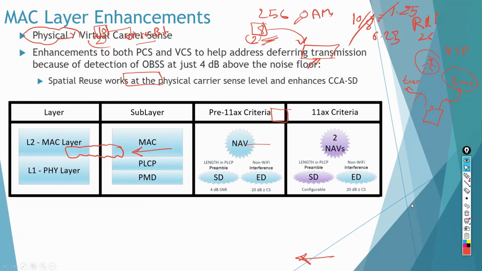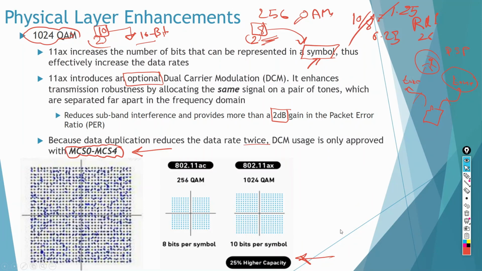Okay, good. I think we have finalized all the physical layer enhancements that we intended to discuss. In the next sections, we will start with the enhancements that 11AX introduced at the MAC layer.